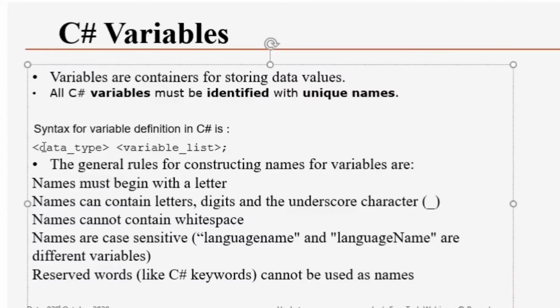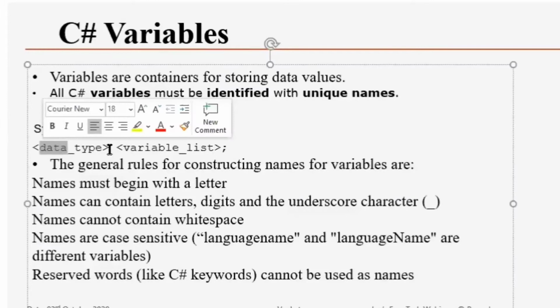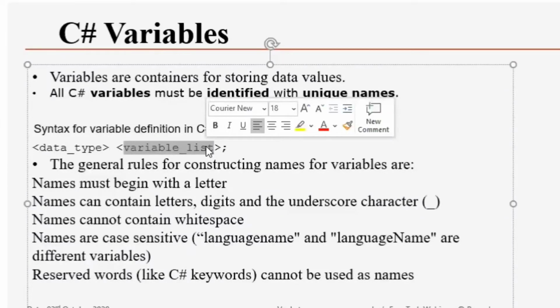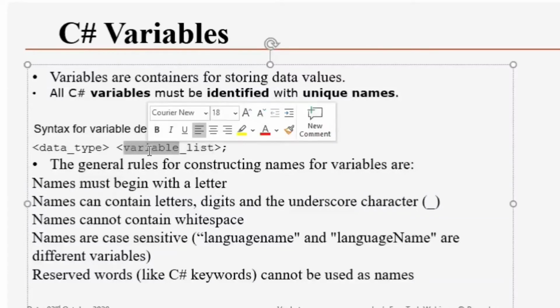The basic syntax for variables is: data type, one space, and then a variable list. The variable list means you can give one variable or multiple variables. So this is the very basic syntax.